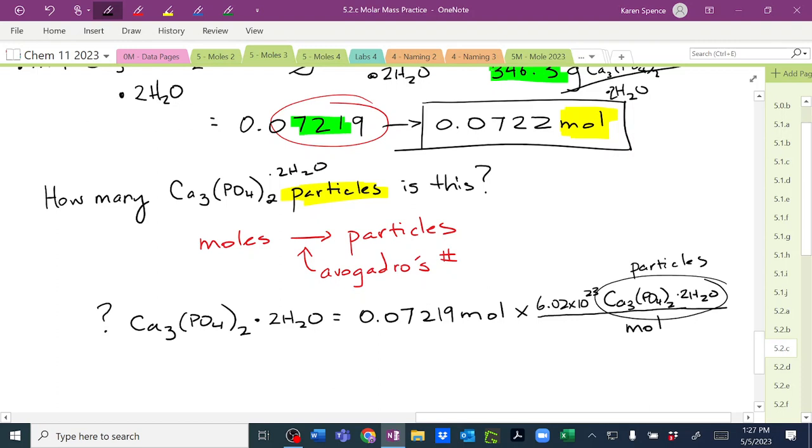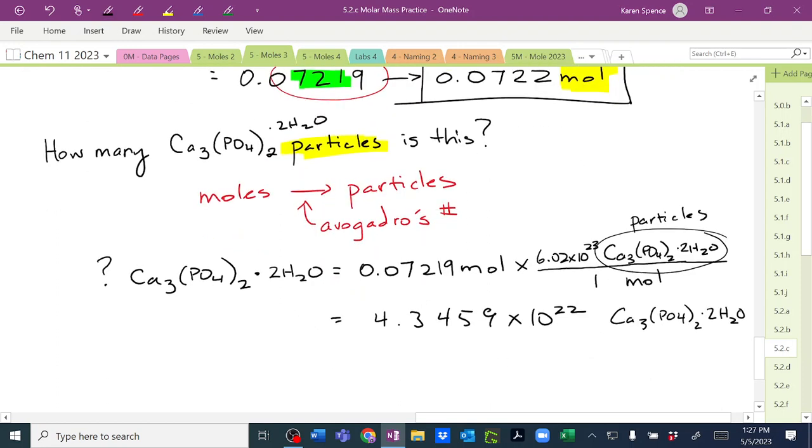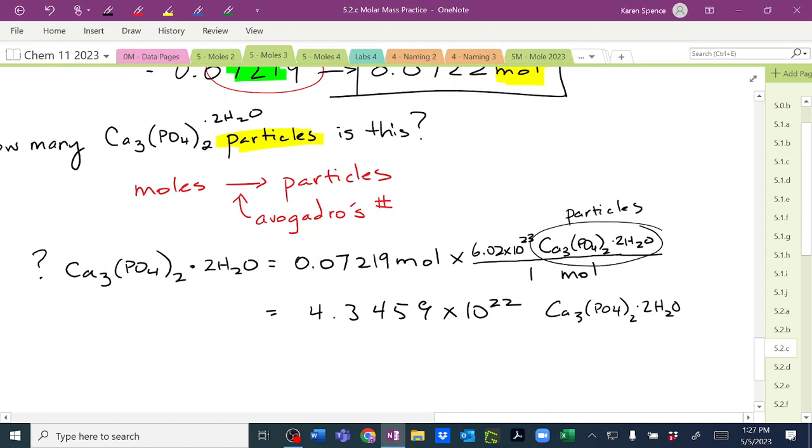And what number goes with the mole? 1. And now we get times 6.02 E23 equals 4.3459 times 10 to the 22 Ca3(PO4)2·2H2O, I'm so regretting the choice of this compound. What would we call those? What kind of particle is that? Formula units, yeah.